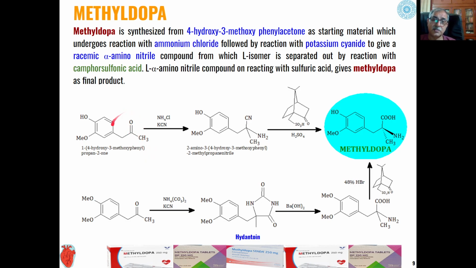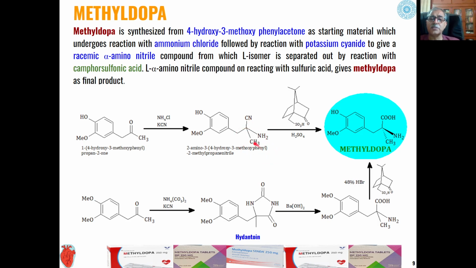And when this is reacted with potassium cyanide and ammonium chloride, this undergoes addition of cyanide to this carbon of the carbonyl, followed by reaction with ammonium chloride to give you cyanoamine derivative.